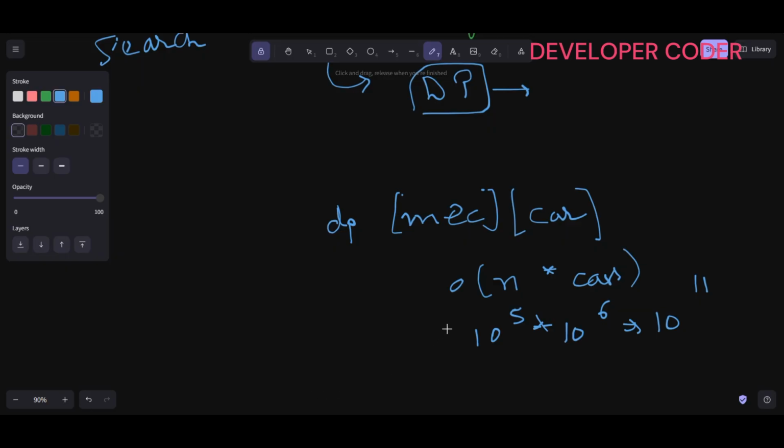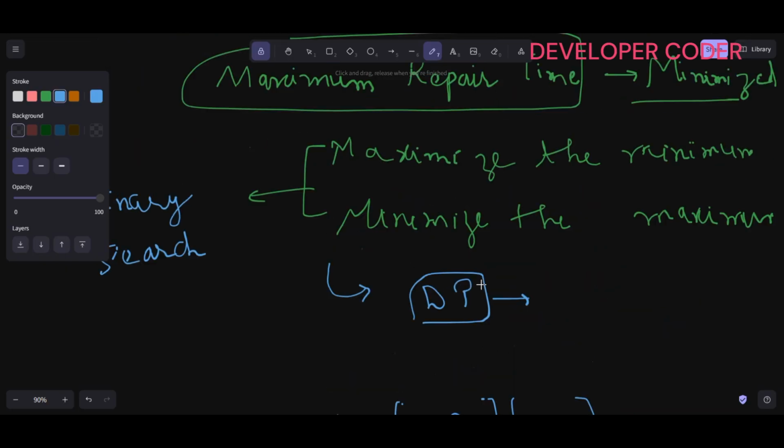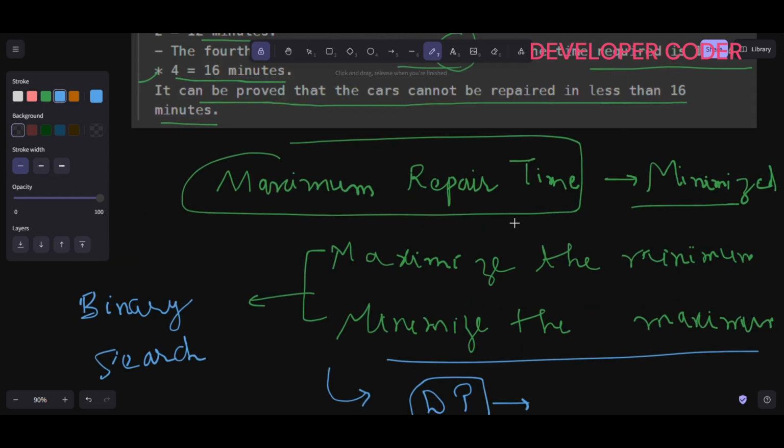So a good approach here can be to use binary search, as it provides a more natural way to minimize the maximum time. We have the maximum repair time, and we have to minimize it.